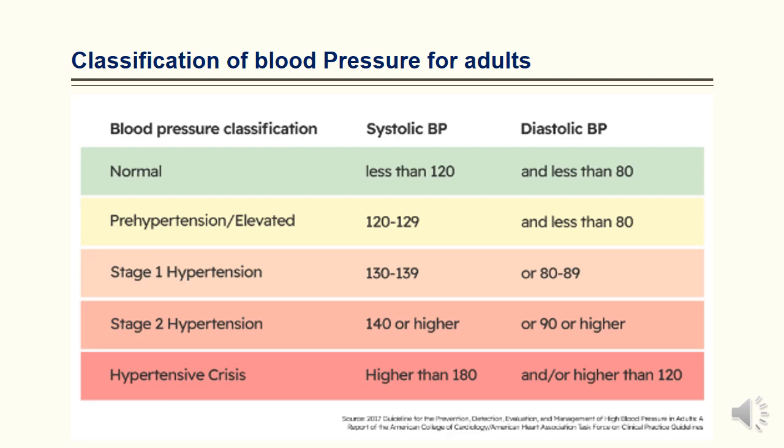Accordingly, elevated blood pressure has a systolic pressure between 120 and 129 mm of Hg and diastolic pressure less than 80 mm of Hg, and stage 1 hypertension, as in this table, is between 130 to 139 mm of Hg systolic and 80 to 89 mm of Hg diastolic. Now move on to the next slide.